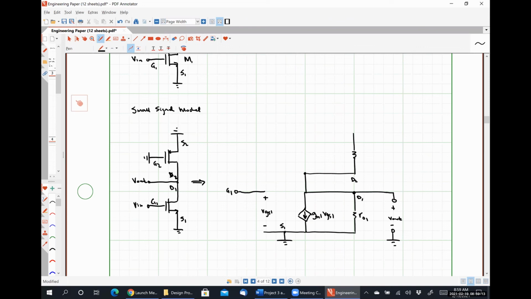Between the drain of my PMOS and the source, I have that resistance R02. I have my dependent current source, GM2 VSG2, and it's VSG because it's a PMOS transistor.